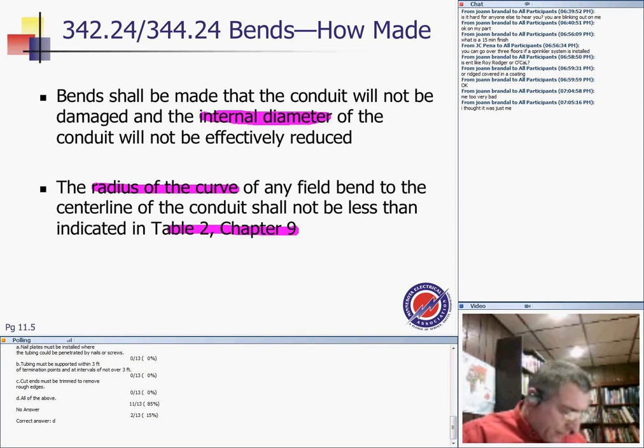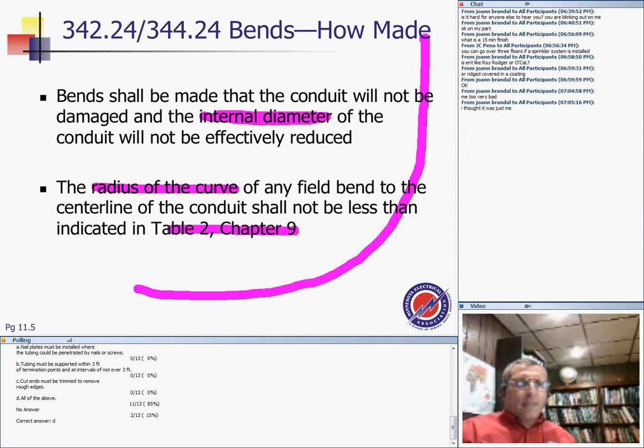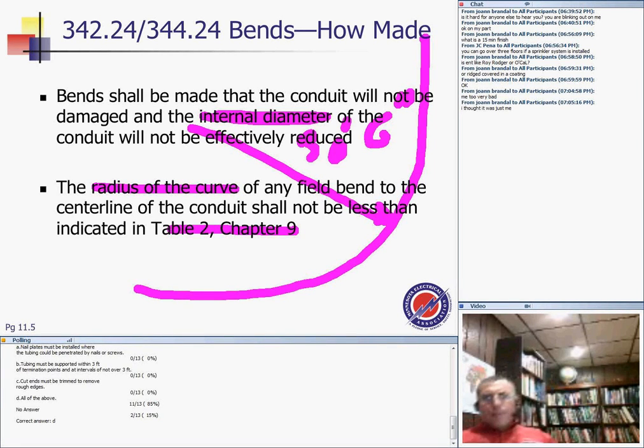For example, if I have a 6-inch conduit, the minimum radius that I can use is 30 inches. We talked about bending conduits, guys, so as not to damage it. So if I have a 6-inch here, I need a 30-inch radius, and this again is from Table 2, Chapter 9. Any questions about the bend?